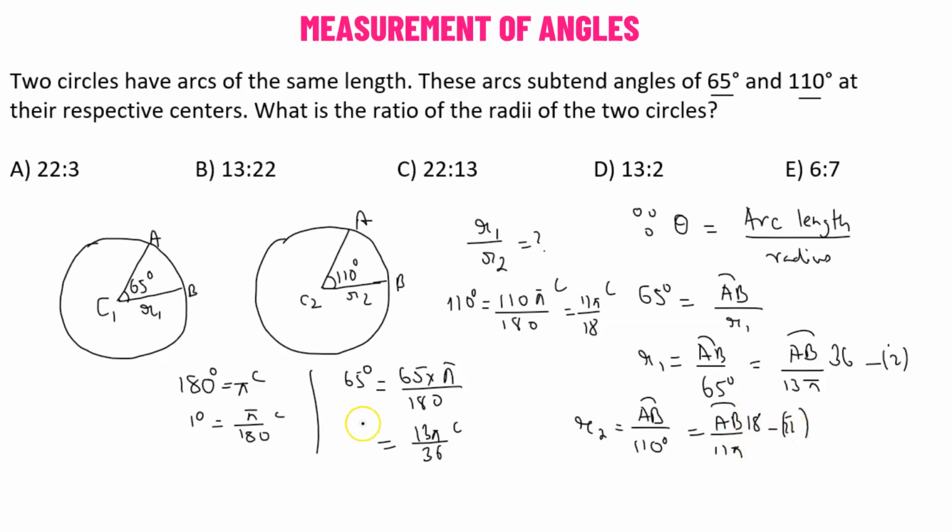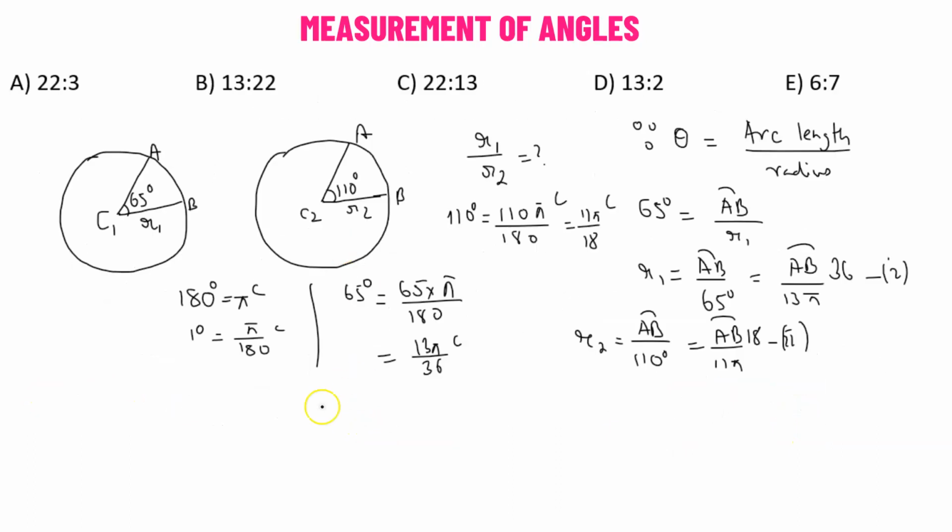So when we take the ratio of 1 to that of 2, so now we will take the ratio R1 to that of R2. So R1 is the arc length AB times 36 divided by 13 pi, and this is divided by R2. So we'll multiply it with the reciprocal. So that's simply 11 pi divided by the arc length AB times 18.